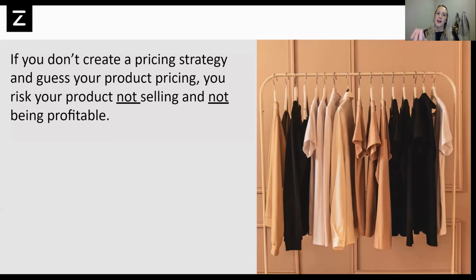So just one final piece of advice. I have seen this happen before. I have seen fashion brands that have simply made up their price points. Trust me, it doesn't work. Making up your pricing, how do you know that it's going to be competitive? How do you know it's going to be profitable? It simply is not the right way to do it.